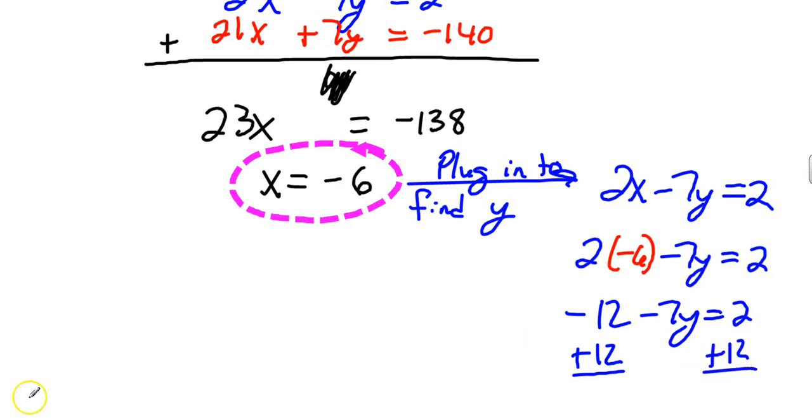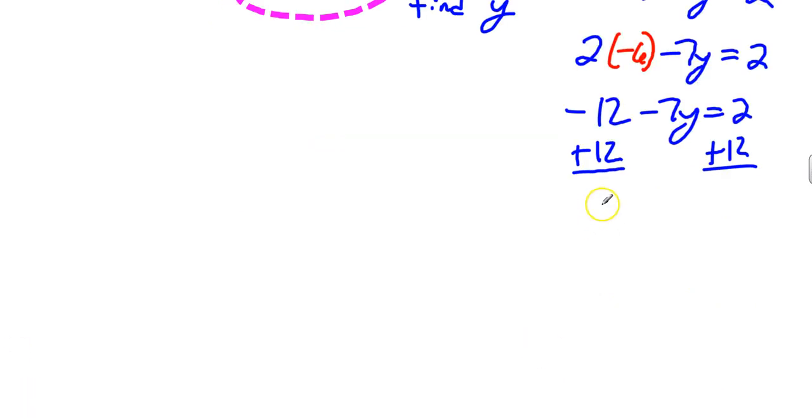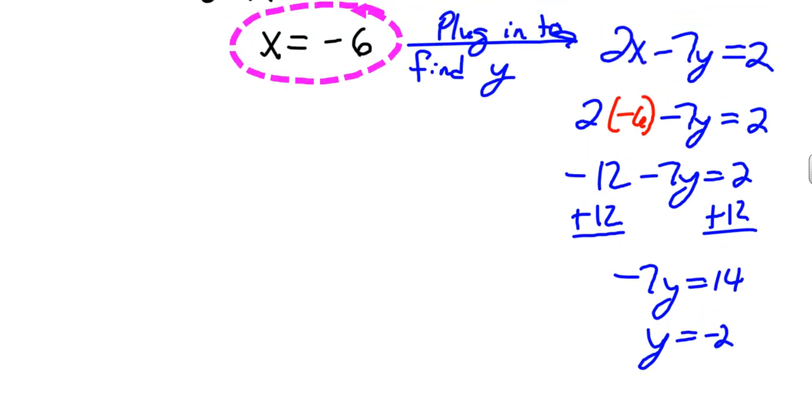Add 12 to both sides. So negative 7y would equal 14, so then y would equal negative 2. Alright, so we plugged in negative 6 for x, and y was negative 2.